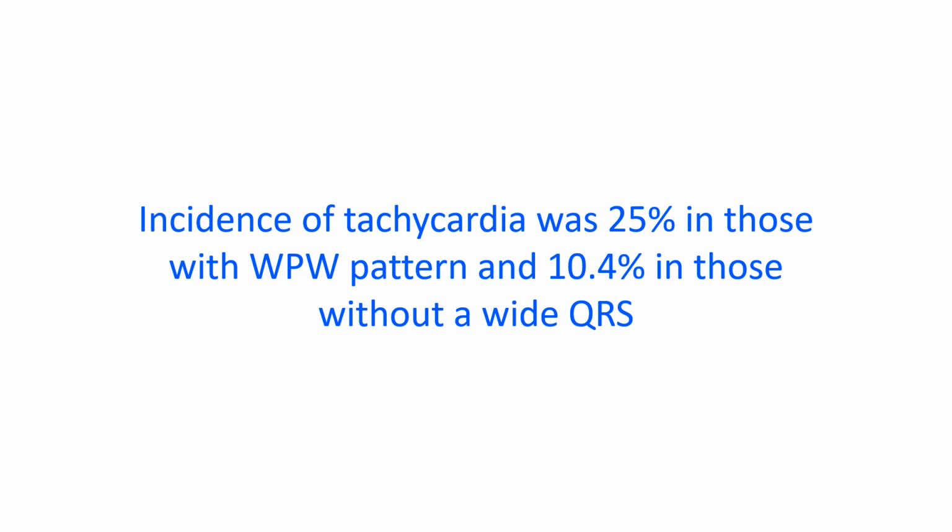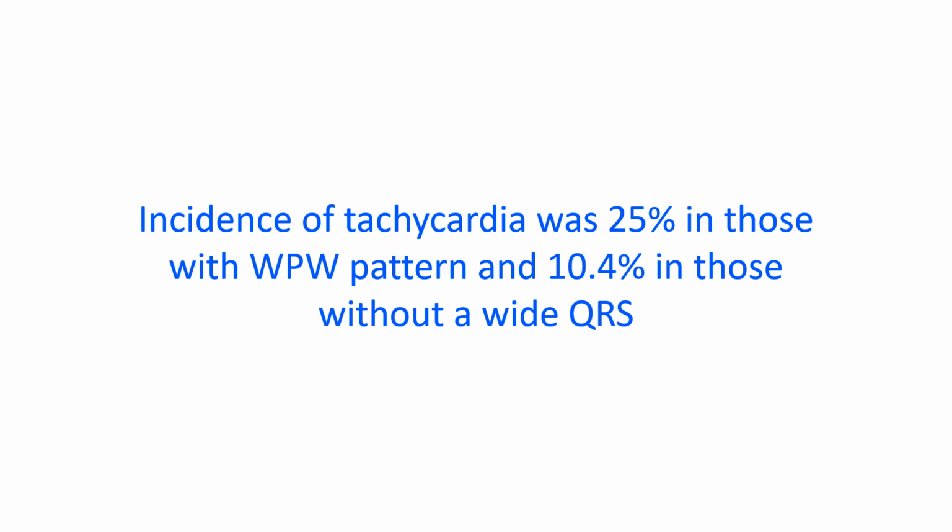The incidence of tachycardia was 25% in those with WPW pattern and 10.4% in those without a wide QRS. Of the 23 patients in their group with paroxysmal tachycardia and short PR interval, 82% had a normal QRS complex and 18% had features of WPW syndrome.